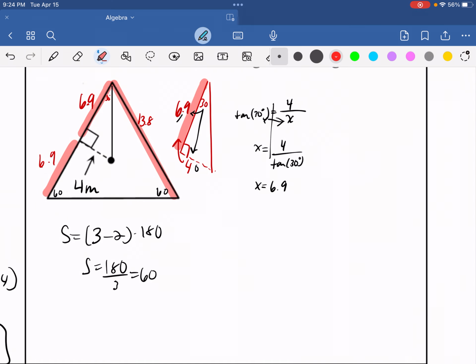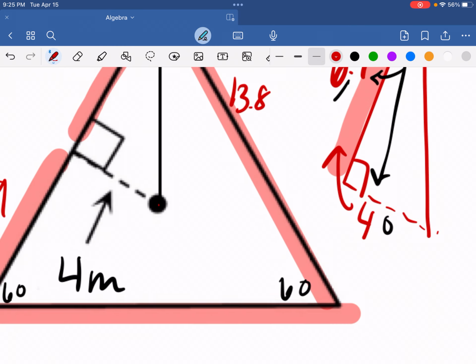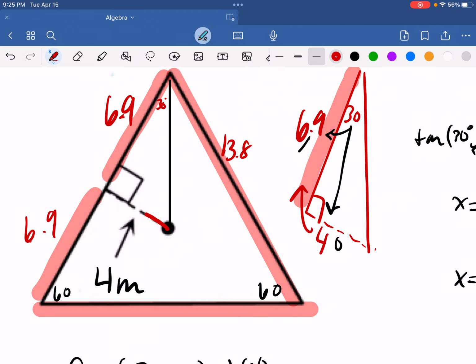Now find the perimeter. Perimeter is 13.8 plus 13.8 plus 13.8 because there's 3 of them. Perimeter is 41.4.